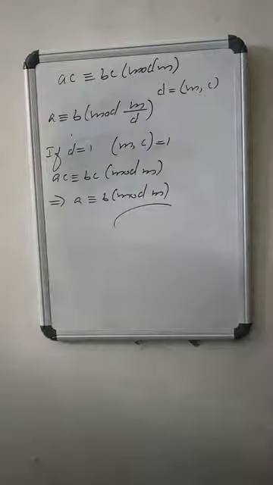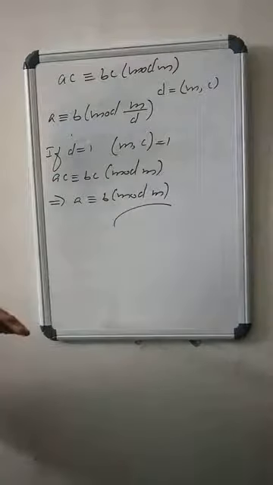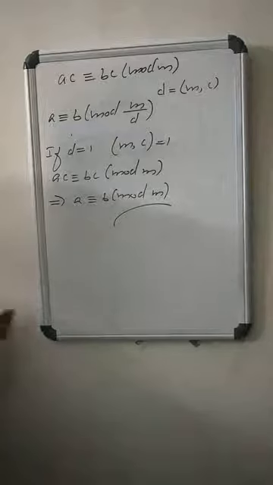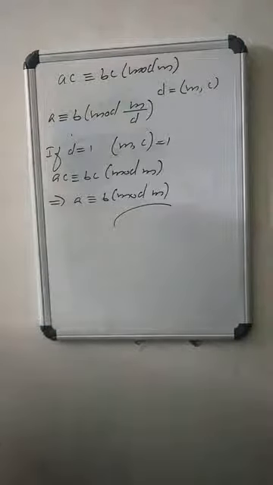So when the modulus and common factor are relatively prime, the cancellation is possible immediately. So the cancellation of a common factor is possible when the modulus is divided by the GCD of the modulus and the common factor. So this is the cancellation law regarding congruence. Agree?